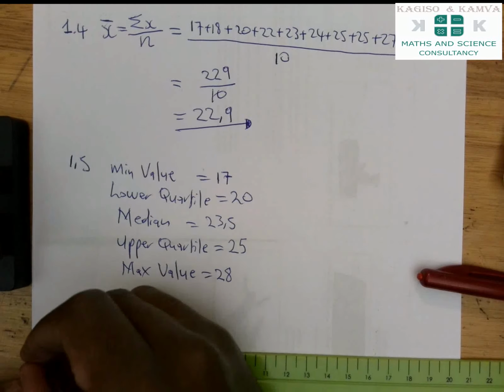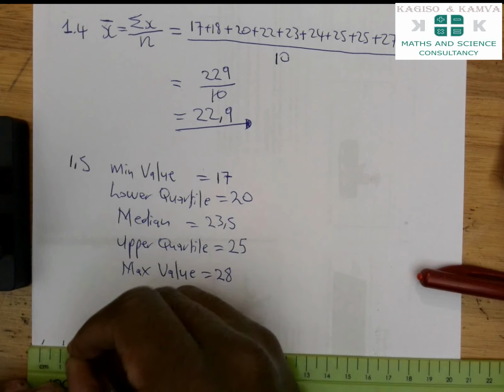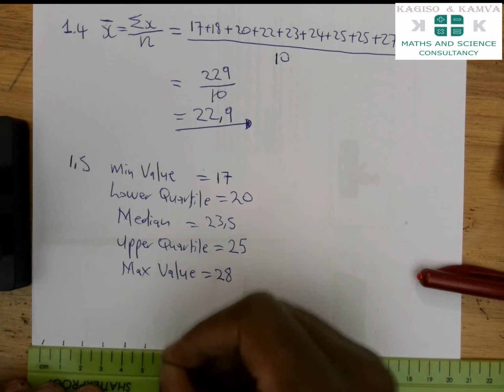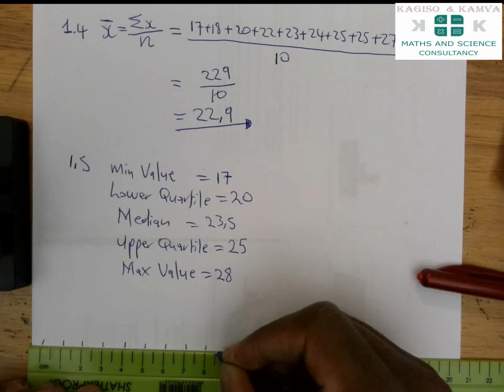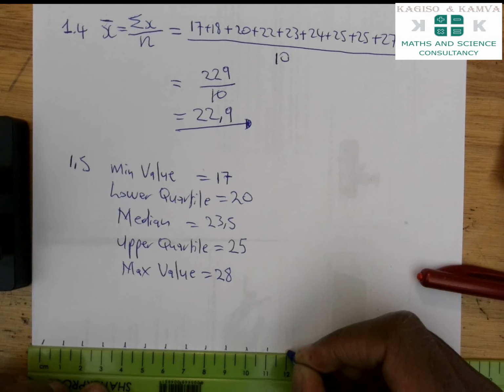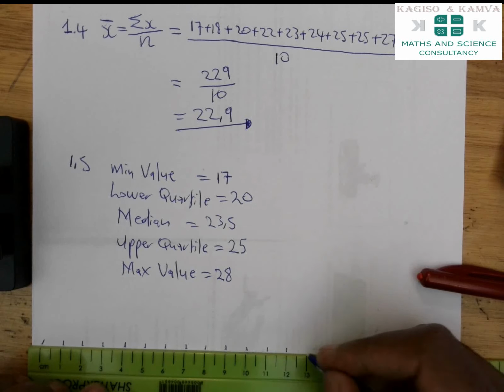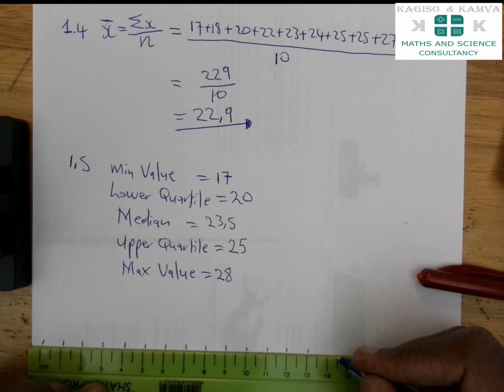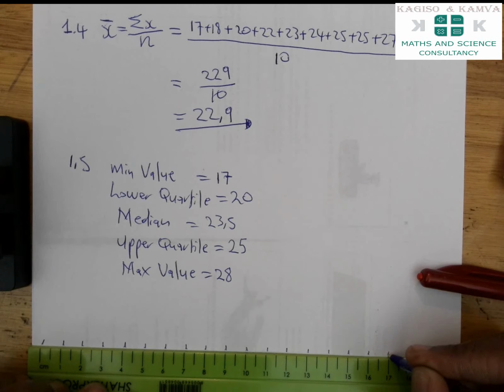That will be 16, 17, 18, 19, 20, 21, 22, 23, 24, 25, 26, 27, 28, 29, 30, 31, 32, 33.